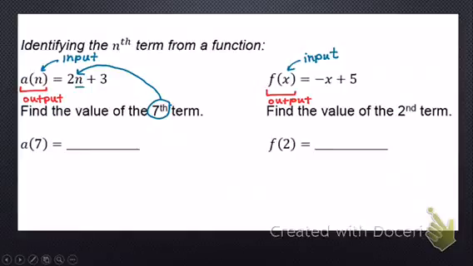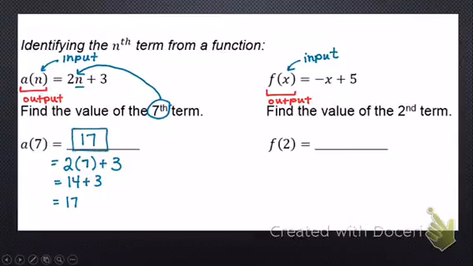So this is also known as substitution. So if we substitute that, 2 times 7 plus 3, we're going to get a unique output for that input, and that's going to give us 14 plus 3, and that is equal to 17. So let's put that down for our output whenever we try to find the seventh term.